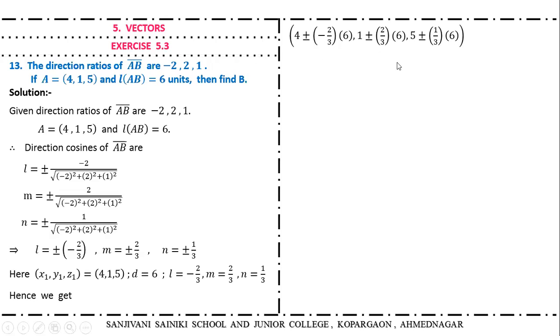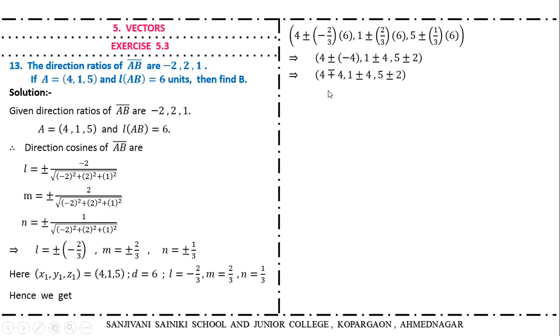Now, how is this formula prepared? I will tell the formula, you just note it down. This is x1 plus minus L times d, y1 plus minus M times d, z1 plus minus N times d.